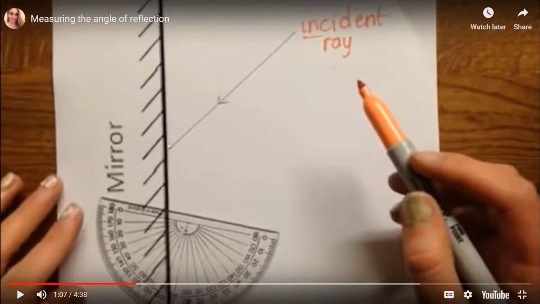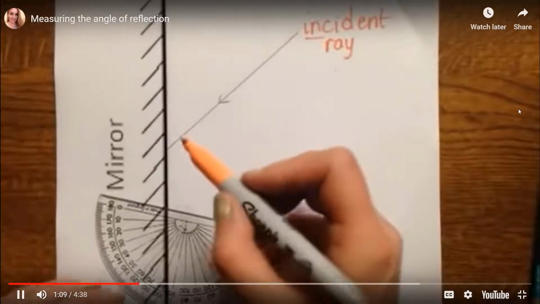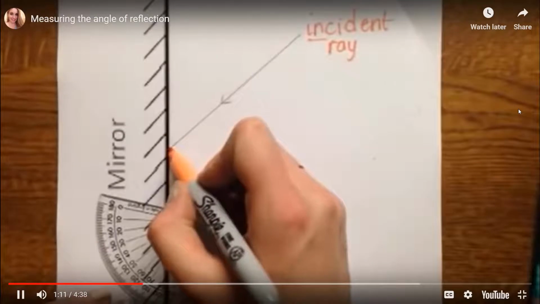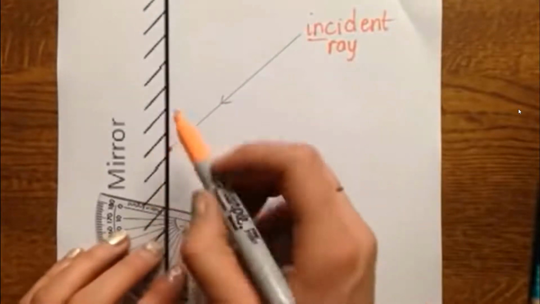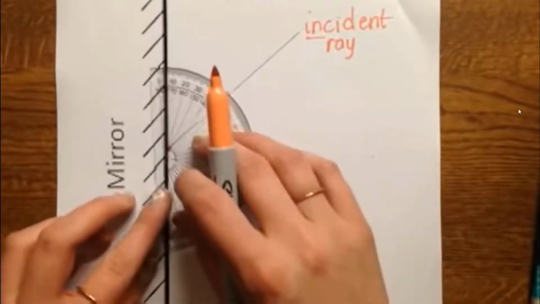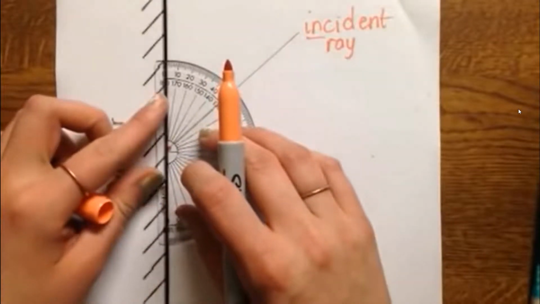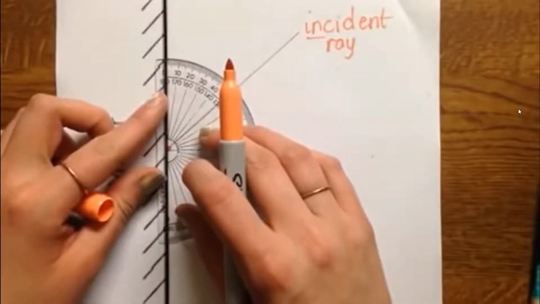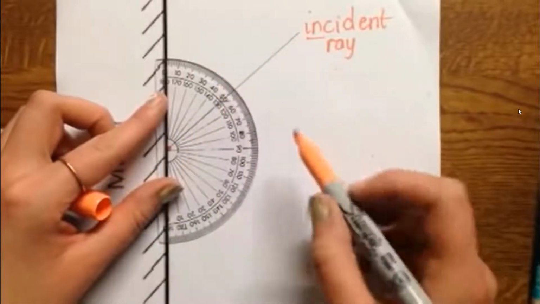Where is the common point? It's here. The normal is drawn at 90 degrees, or a right angle, from the mirror at the point where the light ray hits the mirror, so that'll be just here. We use a protractor to measure 90 degrees. Anytime you hear normal, it just means perpendicular or right angle.